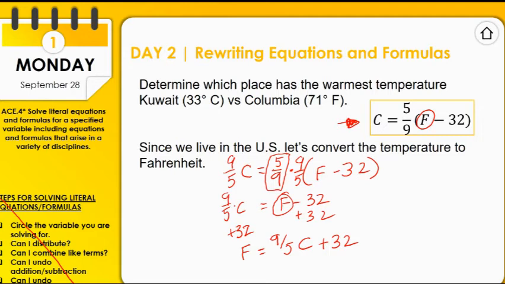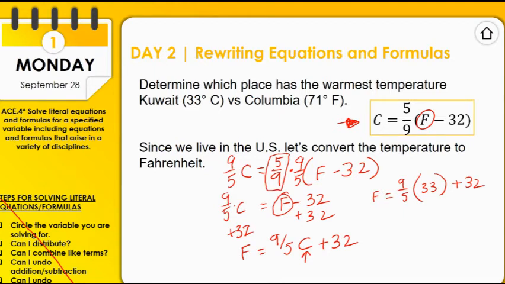So now in order to find out the temperature in Kuwait, to determine which one is the warmest, I find where I have Celsius and I substitute. So Fahrenheit is equal to 9/5 times 33 plus 32.